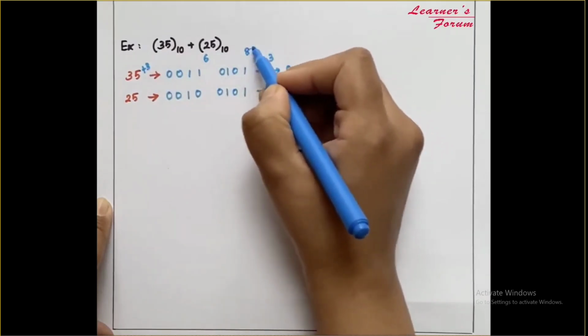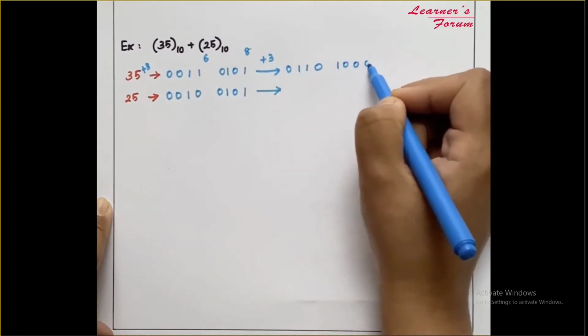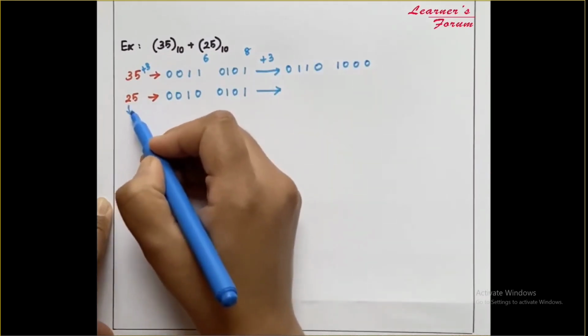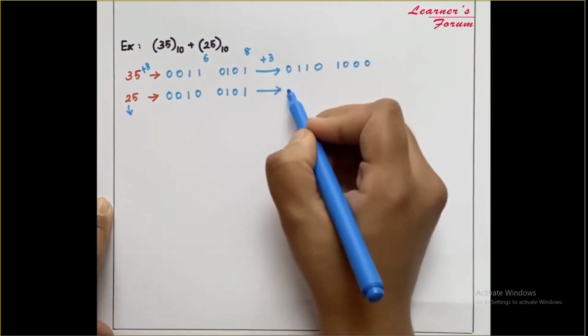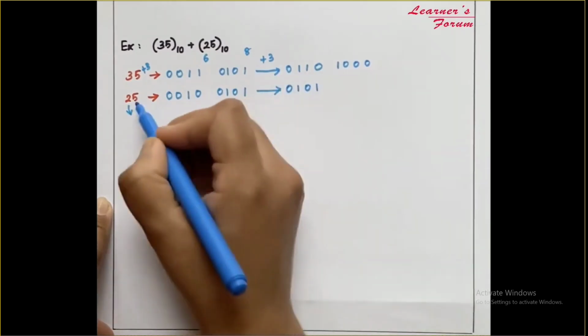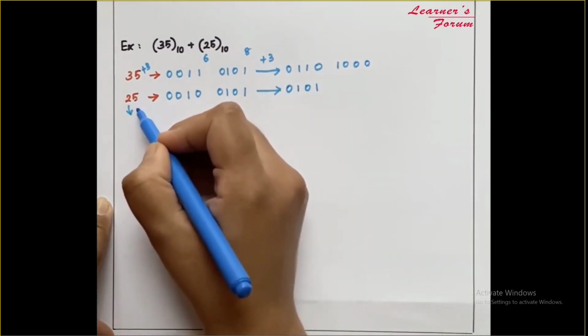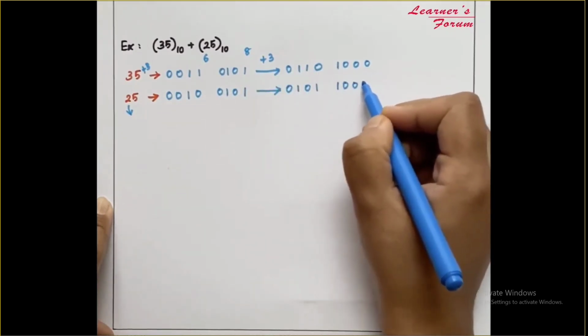We represent 8 in 8421, which is 1000. Next for 25, 2 plus 3 is 5, so the representation of 5 is 0101. And next is again 5, so 5 plus 3 is 8. The value of 8 is 1000.